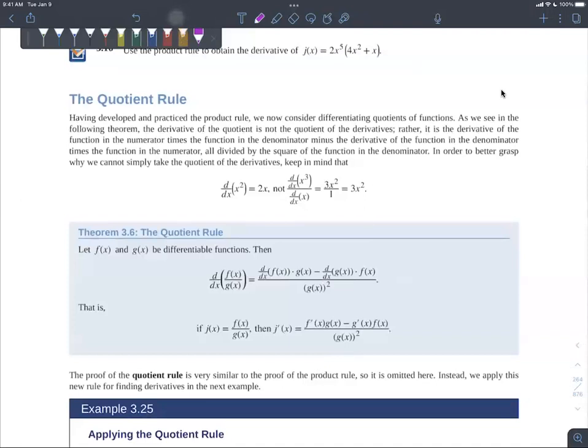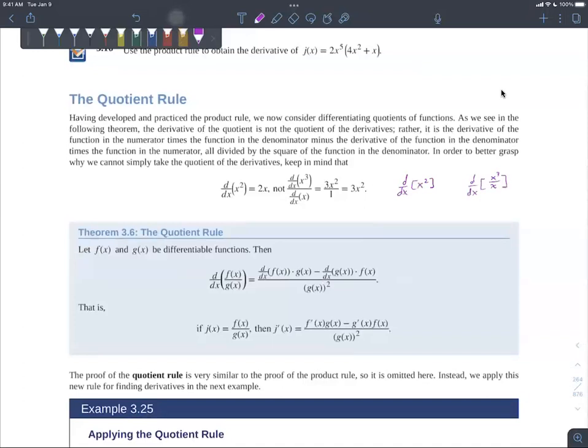So if you have the function x squared, how can we take the derivative of x squared? Well, could we think of x squared as x cubed over x?